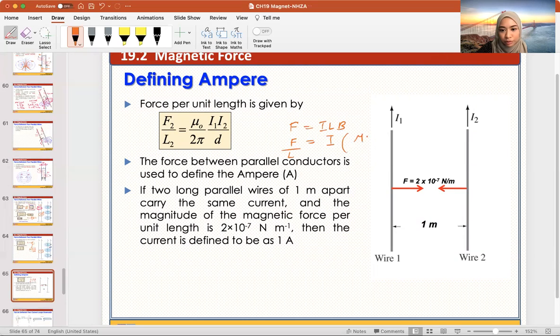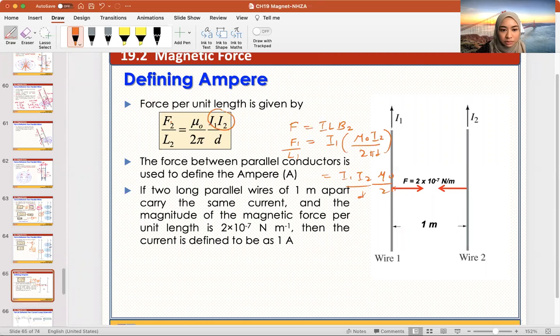So B is mu naught I over 2 pi D. Let's say this is number 1, so this is I2 and I1. So this is how the equation is derived. So I1, I2, mu naught over 2 pi D. It's the same, just rearranged.